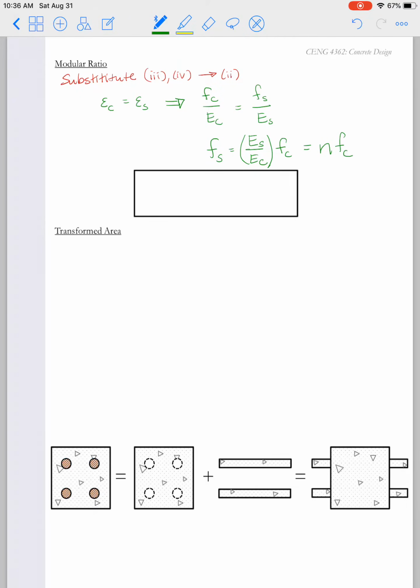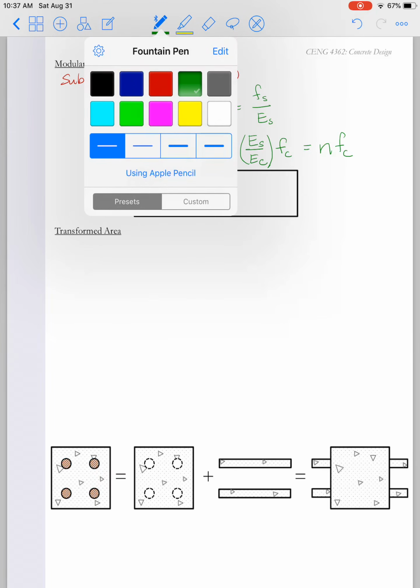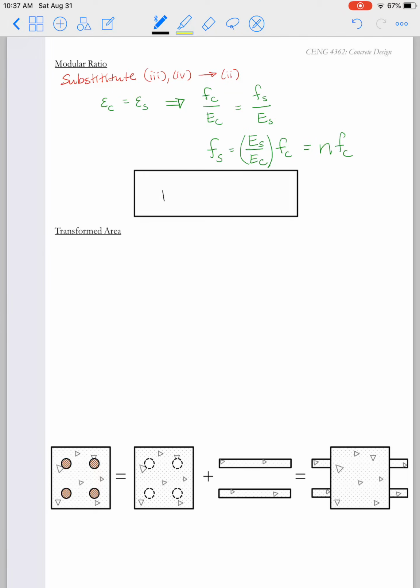That modular ratio is what we defined as N. So we can say the stress in the steel is N times the stress in the concrete. So again, our modular ratio here, N, equals E sub S divided by E sub C.